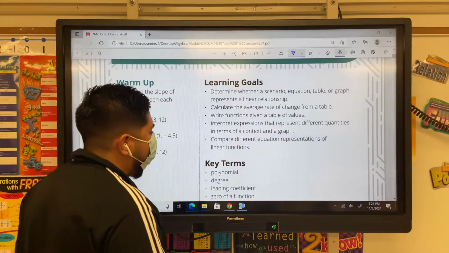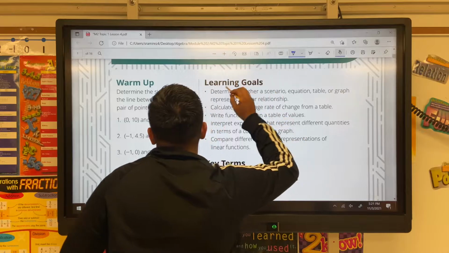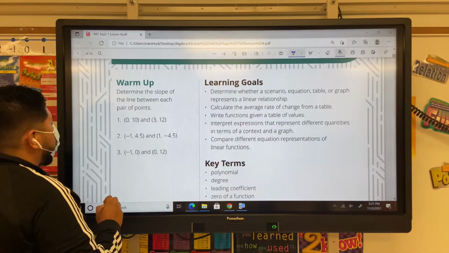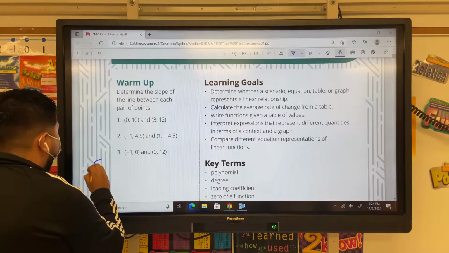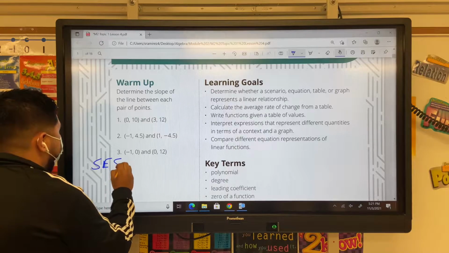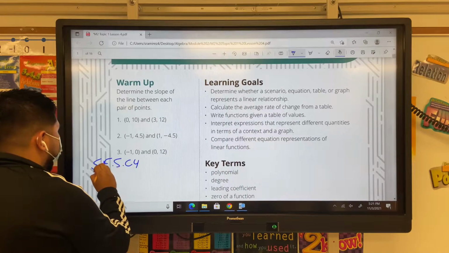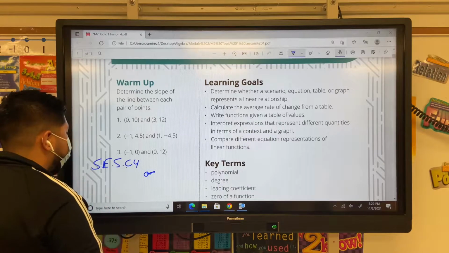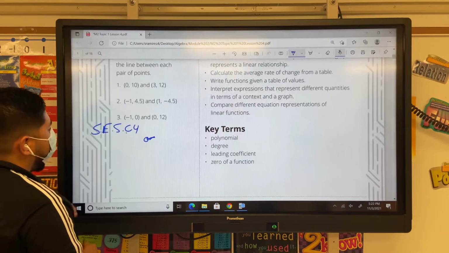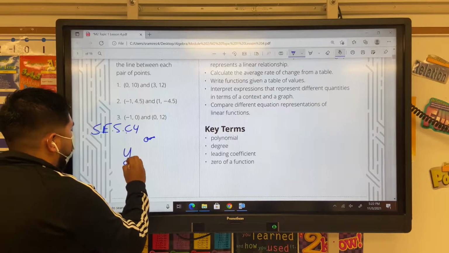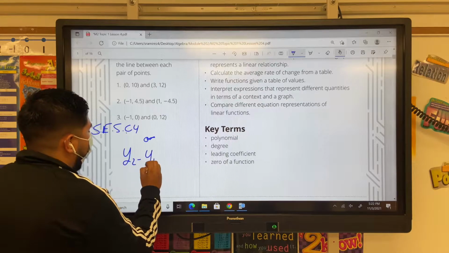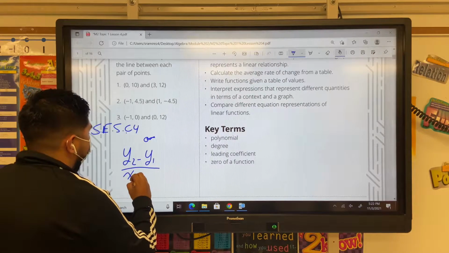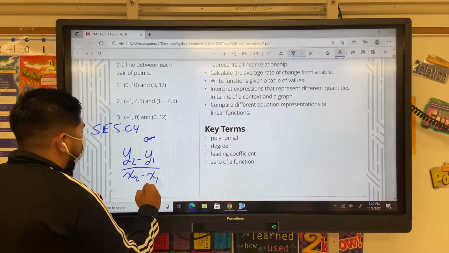Starting off with the warm-up, you could do one of two things. You could do stat edit, stat calc 4, or the slope formula. The slope formula is y2 minus y1 over x2 minus x1.